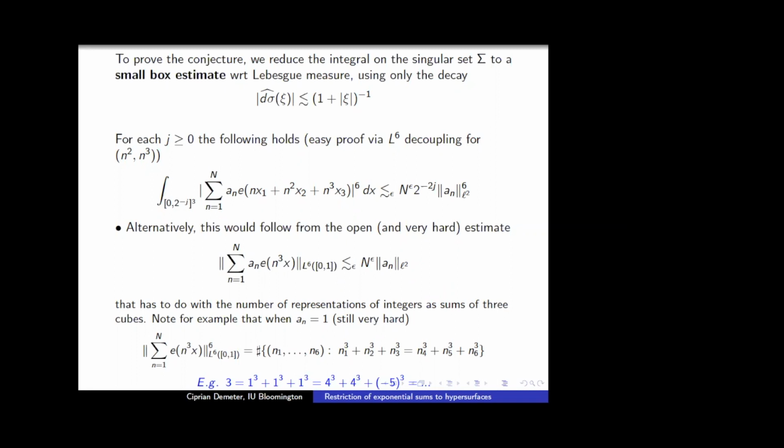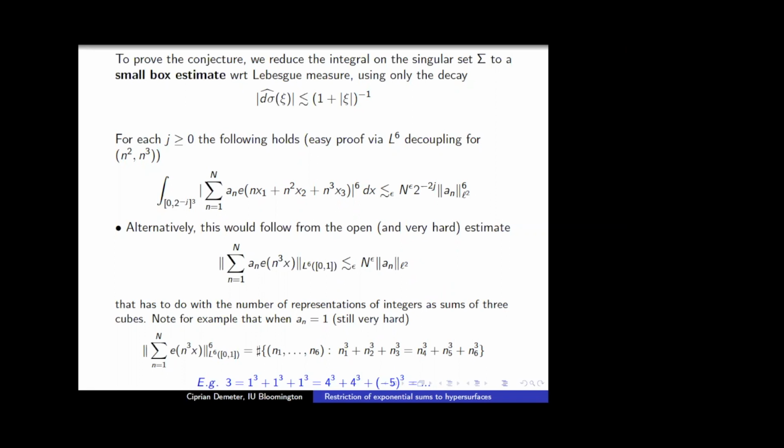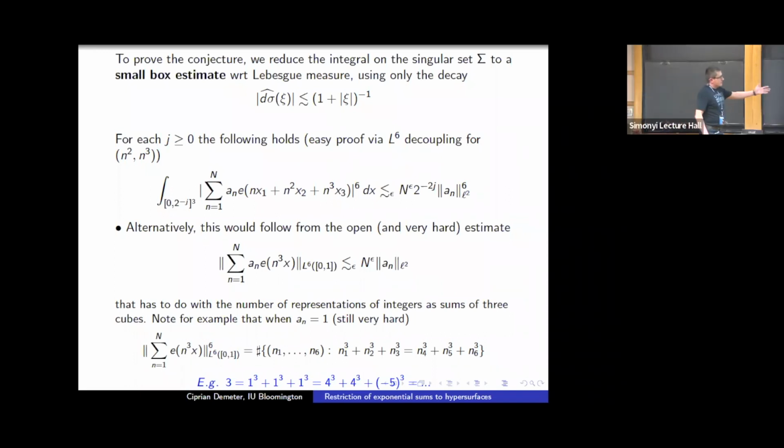Is that correct? You don't know how to reduce. I mean, your case would imply that, but not the other way around. In other words, the number theory will not give you anything with arbitrary coefficients. Yeah, I think you're right. Yes, it's the restriction problem, which usually involves more work. You're right. Okay, thanks.